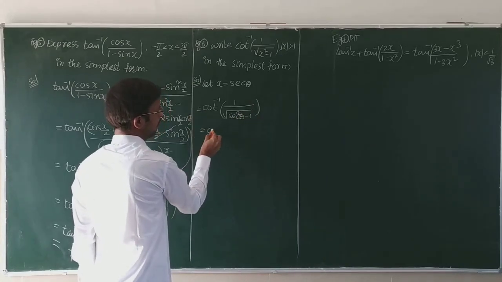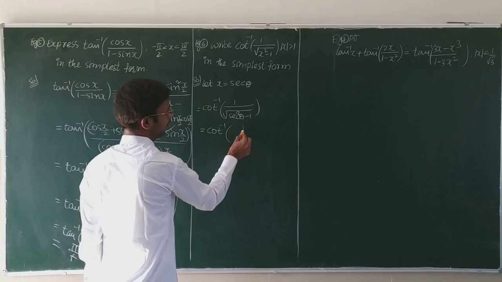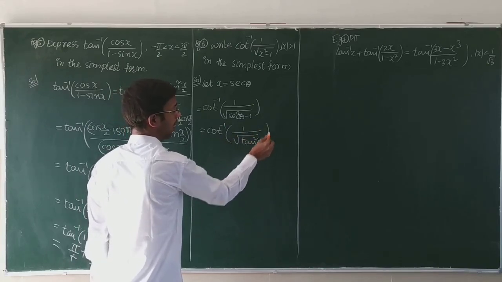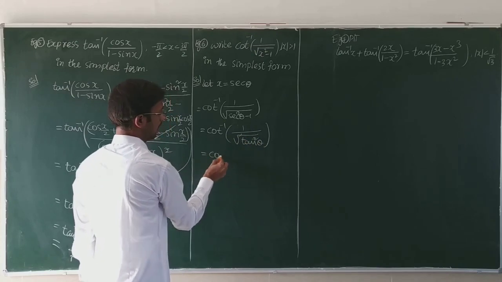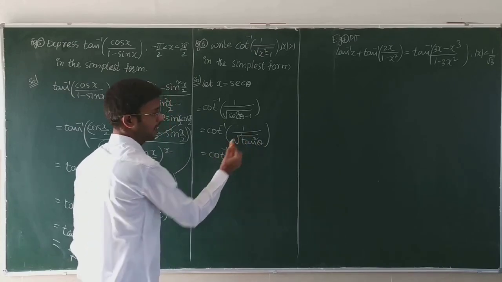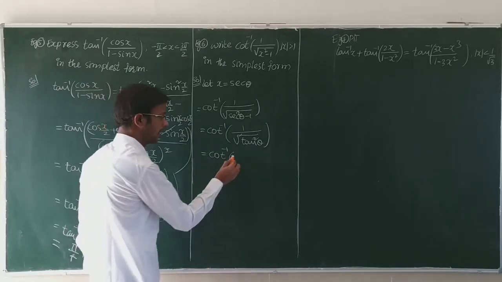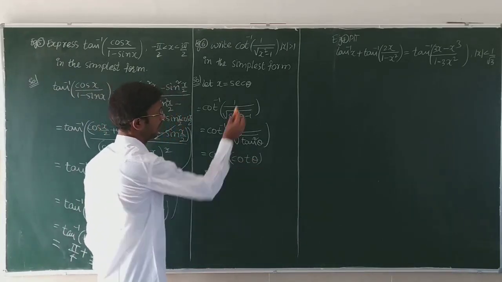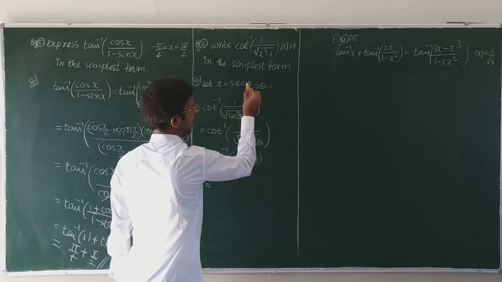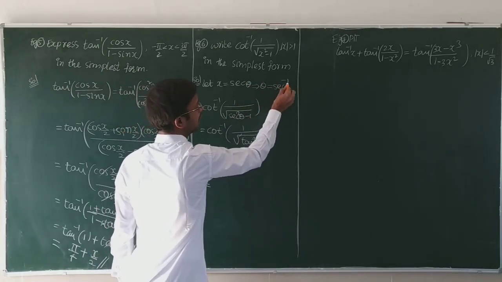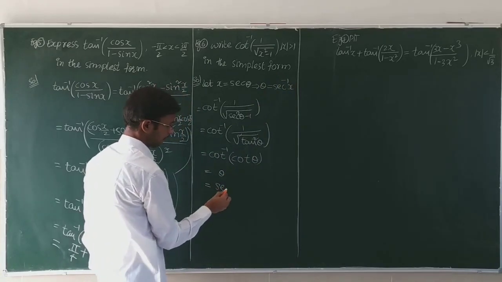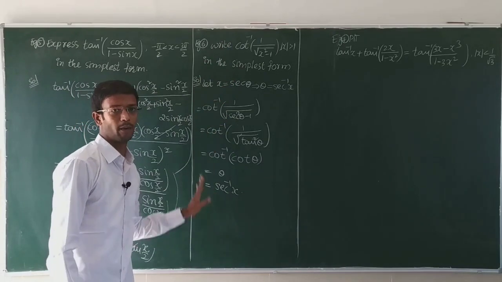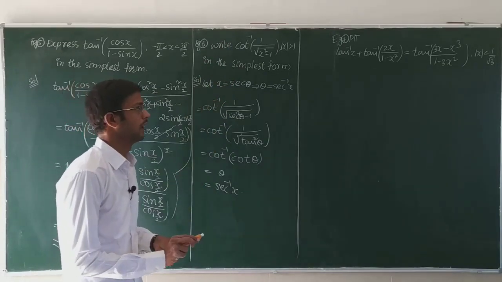That is equal to cos inverse of 1 by square root of tan square theta. Square root cancels. Cos inverse of 1 by tan theta is equal to theta. Theta is equal to secant inverse x. This is the simplest form.